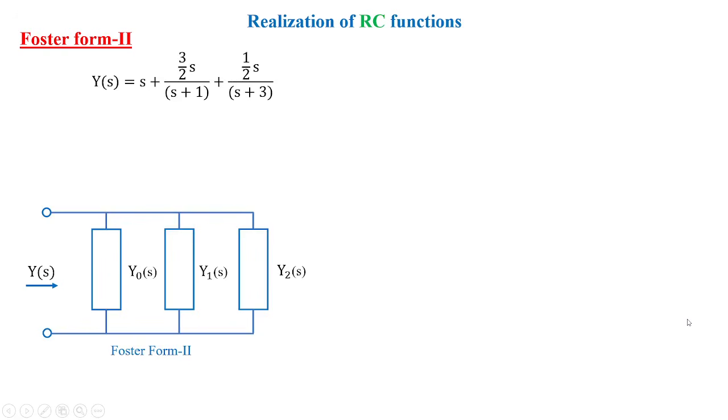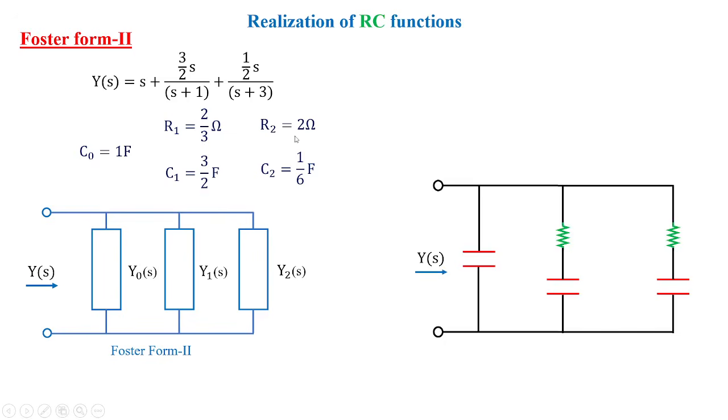Now with these values, make sure that the values are taken in a proper way for R1, R2, C1 and C2 as well as C0, and this Foster form 2 is represented by these values, which is shown in this particular figure.